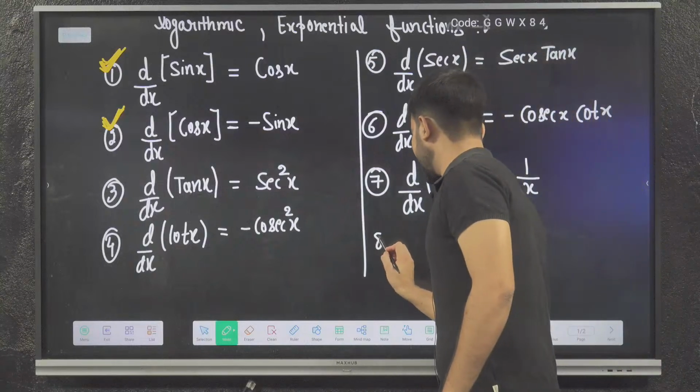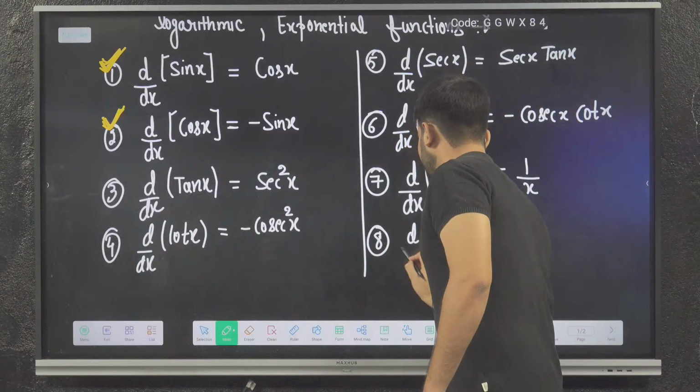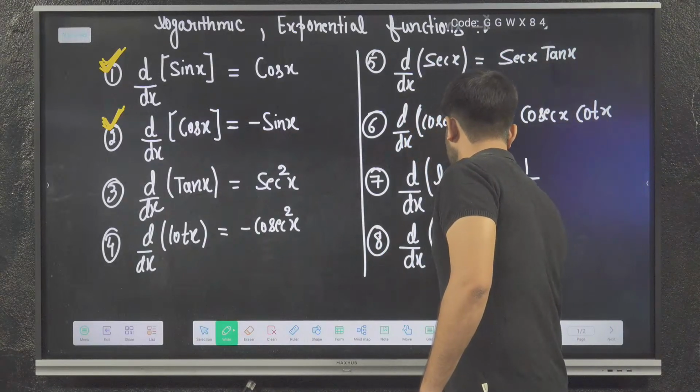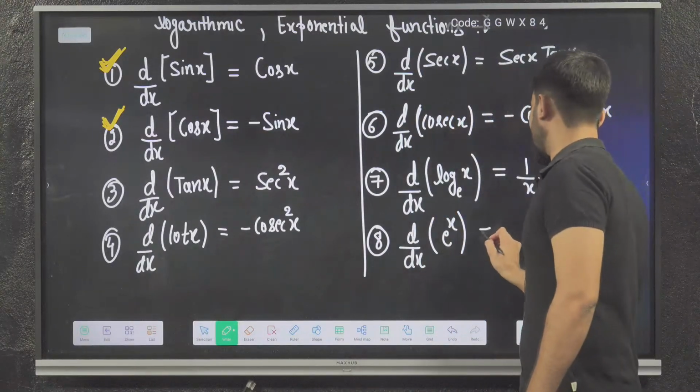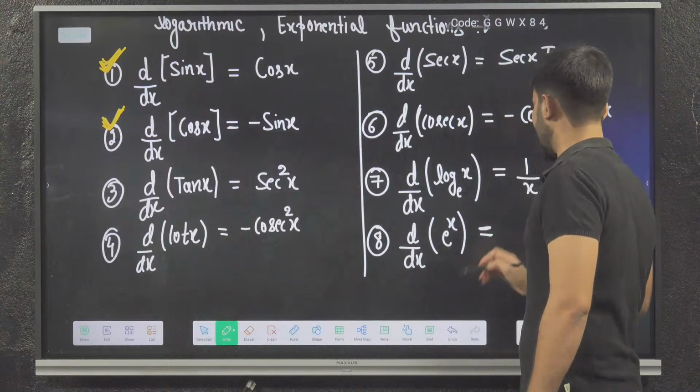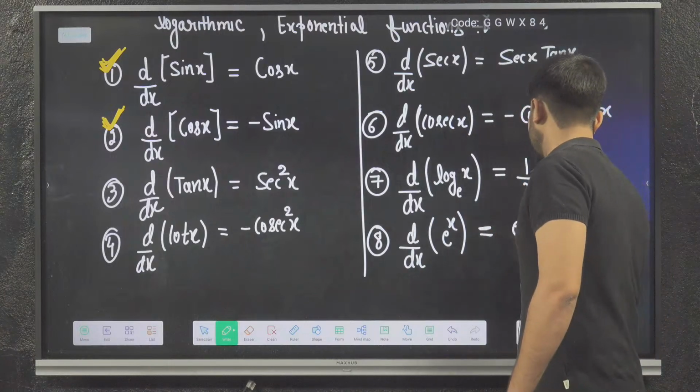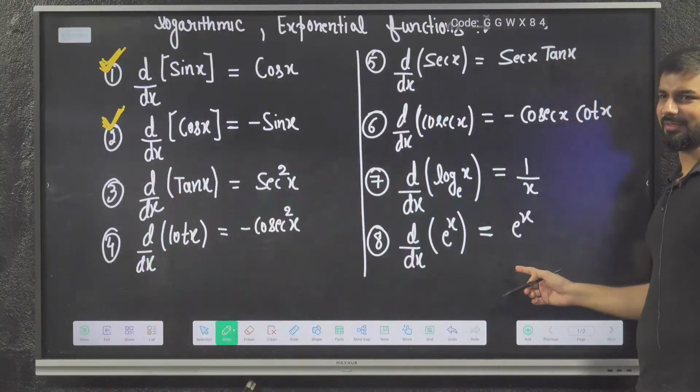The next is the differentiation d by dx of another function, e to the x, the exponential. Its answer comes out to be e to the x. It is very easy to remember.